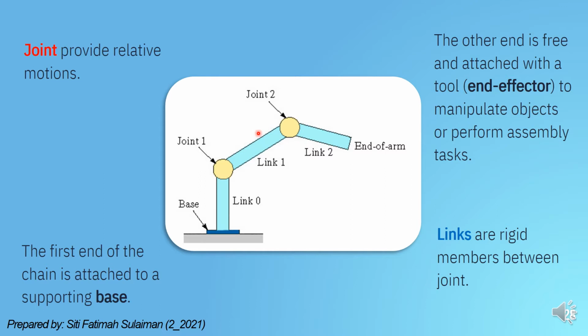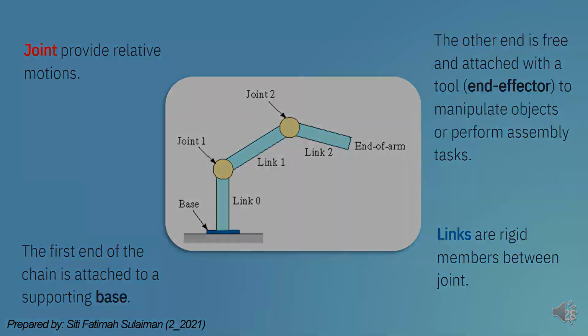So a link is placed between joints, and a link is rigid compared to a joint, which is movable. And the last part is what we call an end effector. An end effector is used to manipulate objects or perform assembly tasks. So this is the end effector, or what we call end of arm.